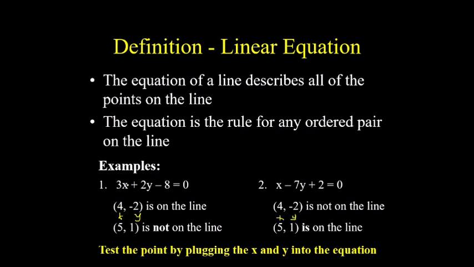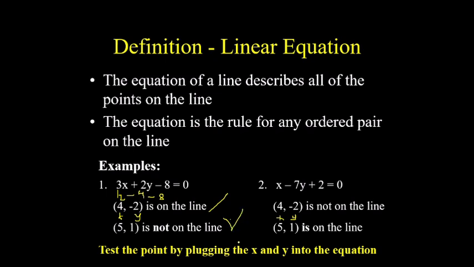So 3 times 4 is 12 minus 4, since 2 times negative 2, minus 8. So 0. It equates to 0, so that is correct. Now try 15 plus 2 minus 8. 2 minus 8 is negative 6, and 15 minus 6 is 9. So it is really not on the line.